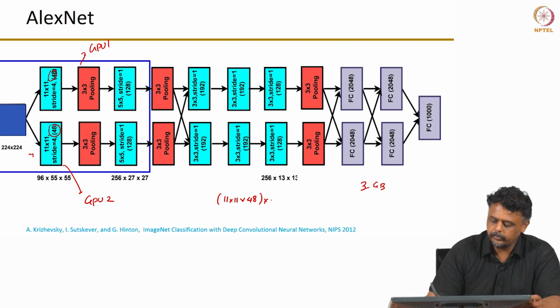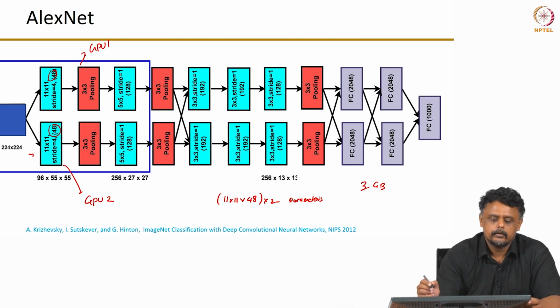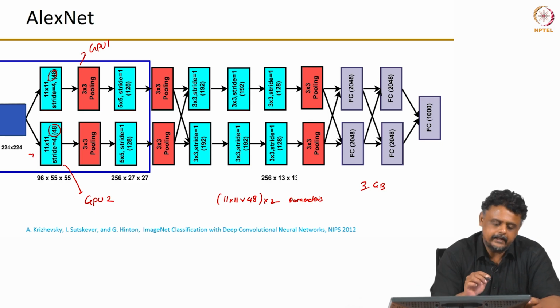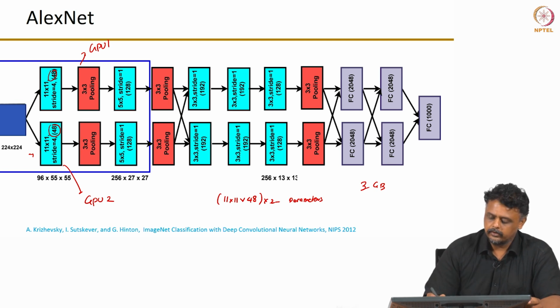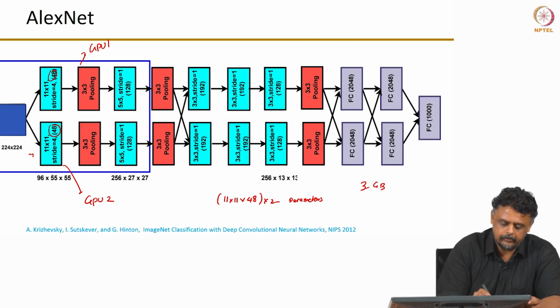So, it will be about times 2 parameters in one convolution layer, and it produces 96 feature maps, which is why we have 48 times 2, 96 feature maps. The size of the feature maps is 55 by 55. So, these are the number of parameters.